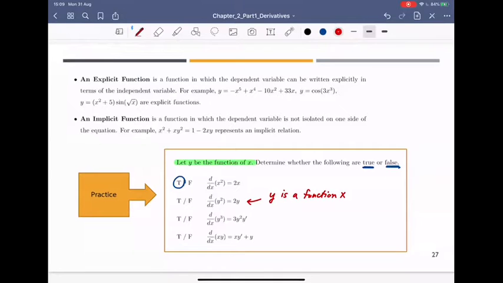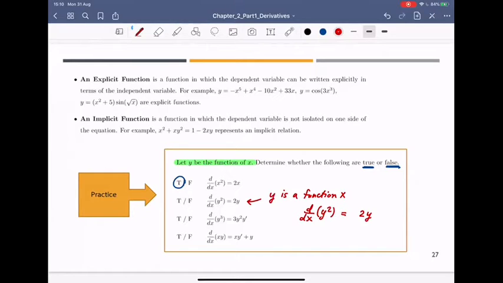That means inside y, you still have x because y is a function of x. When you differentiate y squared, by the chain rule, you're gonna have 2 times y, right?